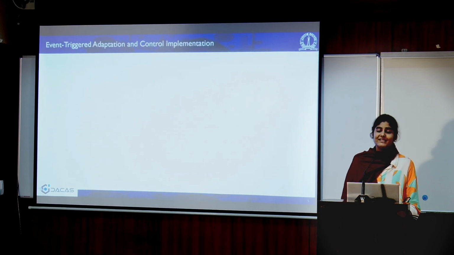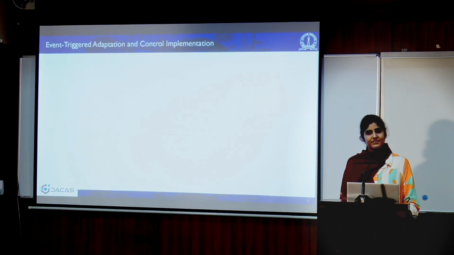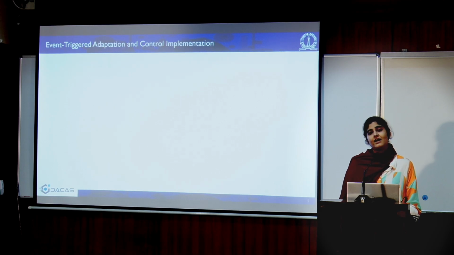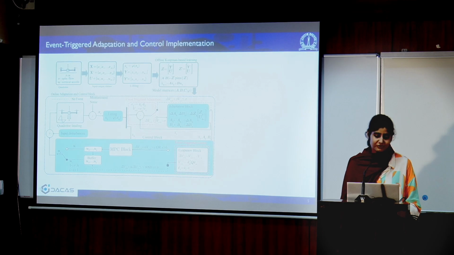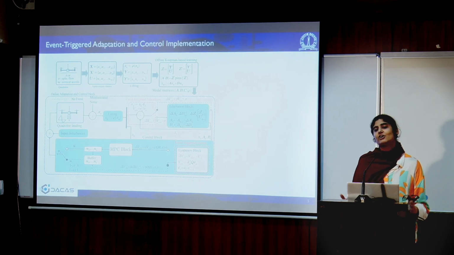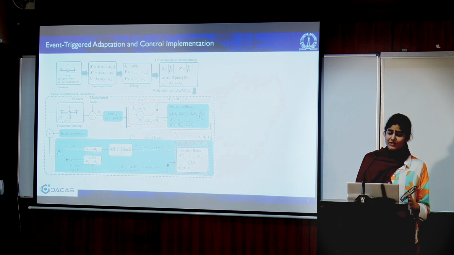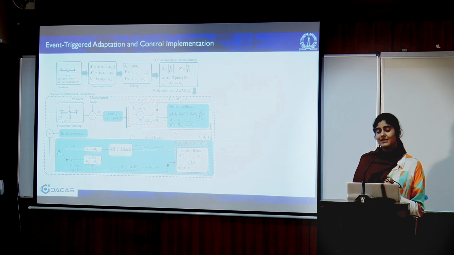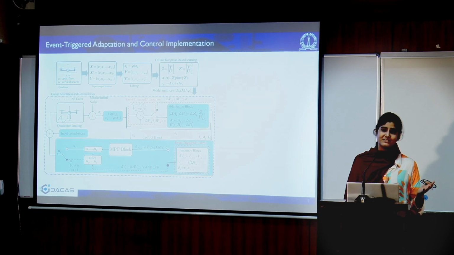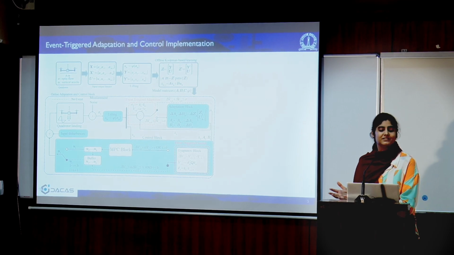So we come up with a data-driven approach where we collect input and output data and come up with a linear model of the system using Koopman operator theory. We collect data of optic flow and the corresponding accelerations. Once we have the linear model of the system, we use model predictive control to track a reference optic flow so as to achieve a soft touchdown with the ground.